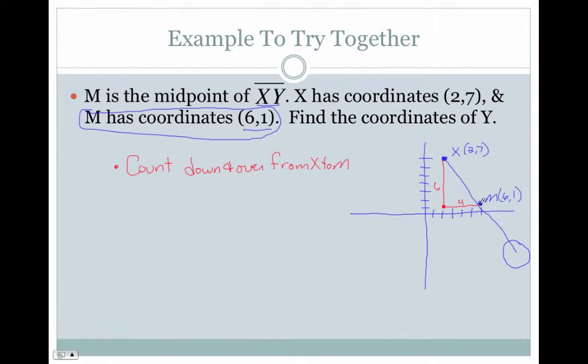Now, if I were to count, this should make sense. If I were to count the same counts from M, I should land in the circle. So count the same counts from M. And we'll see if it lands in the circle. So I'm going to do down 6, 1.